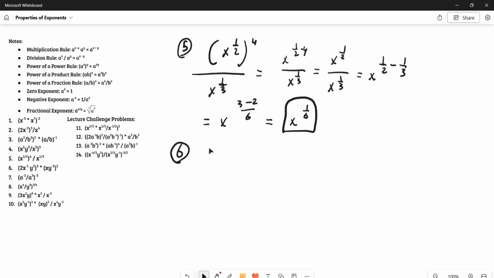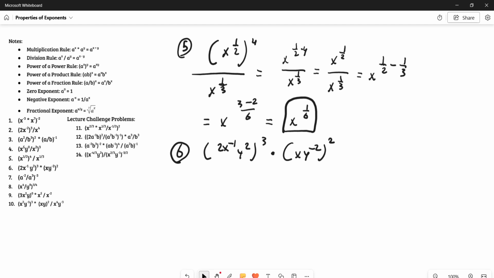Okay, number 6, we have 2 times x to the power negative 1 times y squared, all cubed, times x y to the negative 2, all squared. Let's go from left to right. So we're going to be using the power of a product rule and then the power of a power rule as well.